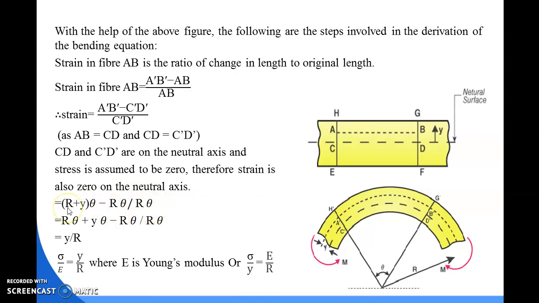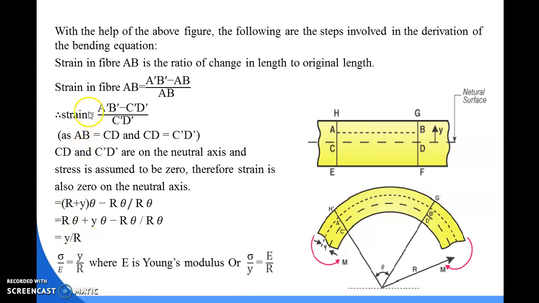By simplifying all these things, we get R theta plus y theta minus R theta, whole divided by R theta. Here R theta is positive and here negative, so these two terms will be cancelled out. Hence the value will be y theta by R theta, so theta will be cancelled out. Hence the total value will be y by R.